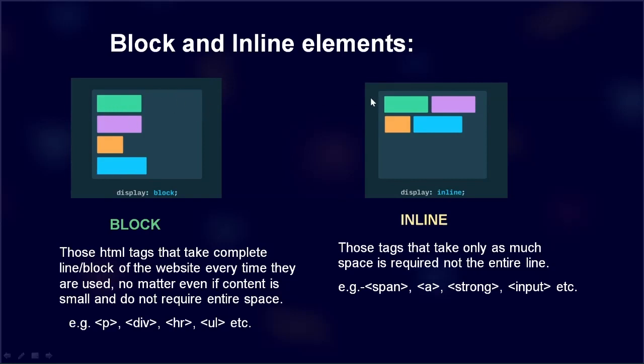Whereas in inline, only this much space is taken by one element, and the remaining space is available for other elements to take. Now, examples of a few block elements are the div tag, the paragraph tag, the HR tag.